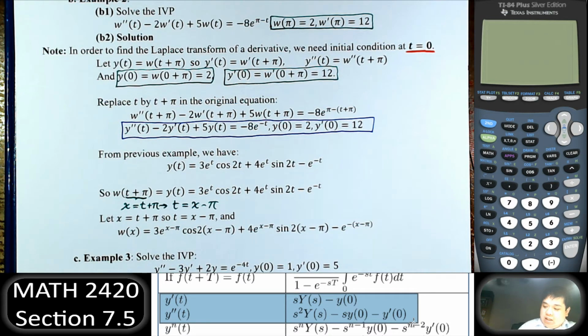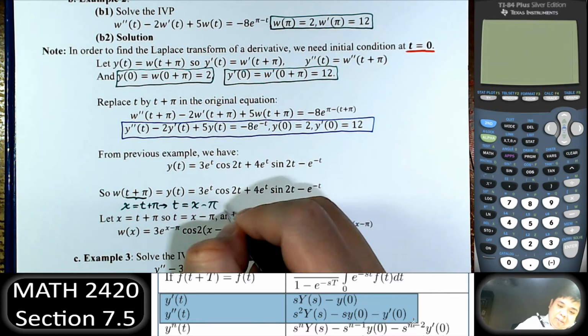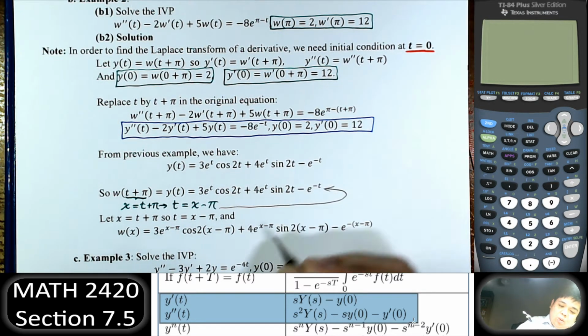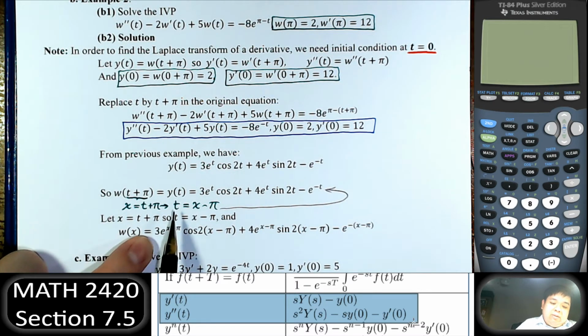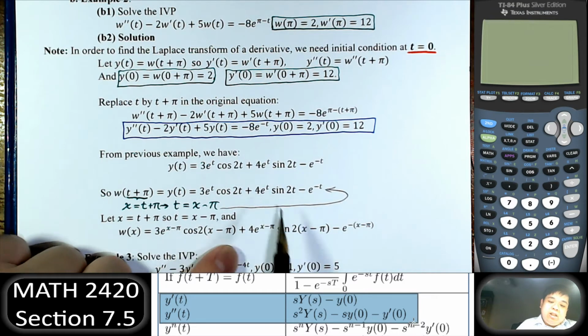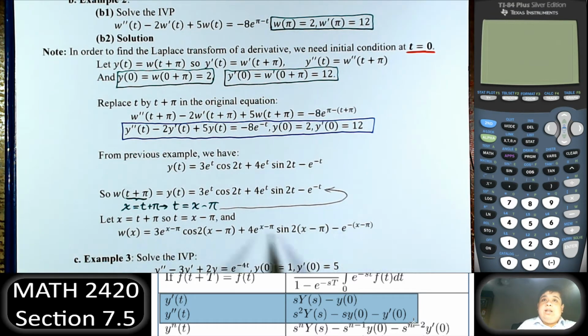After we do that, we substitute this back into the equation. So what do we have? W of x is going to be 3 e to the x minus pi, because we substitute in for t, substitute in for t. That's what we have.